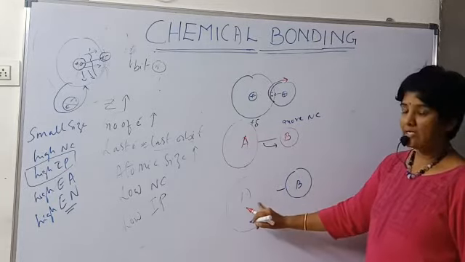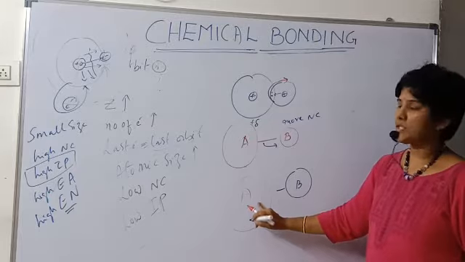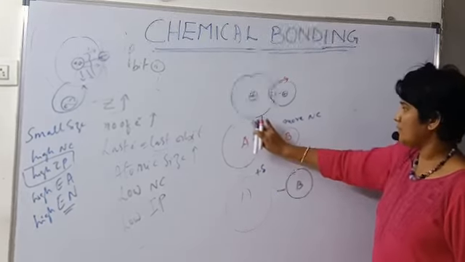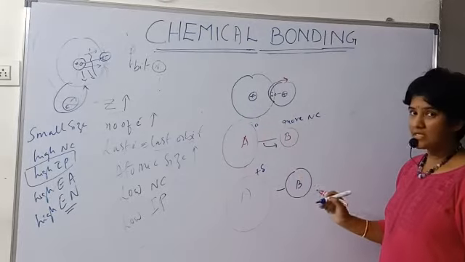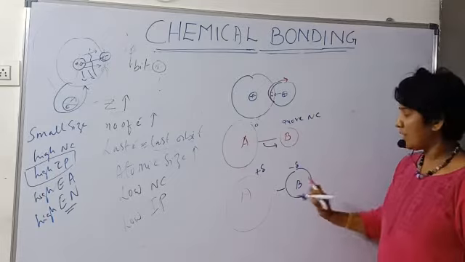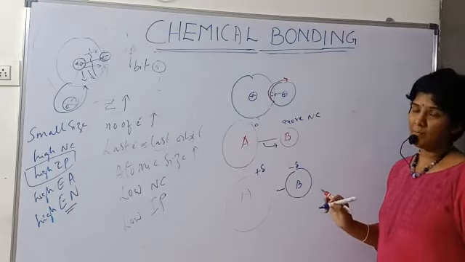So A, the large atom, is somewhat losing electron, so it gets partially positive. At the same time, the small atom is gaining its side electron pair, the bond pair, and therefore becomes partially negative.